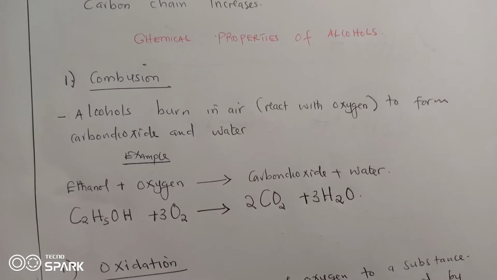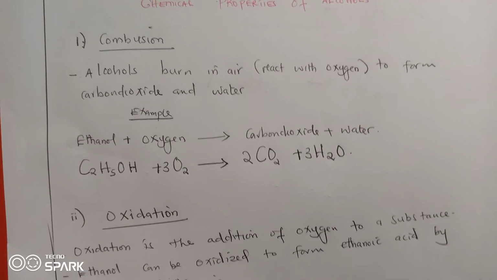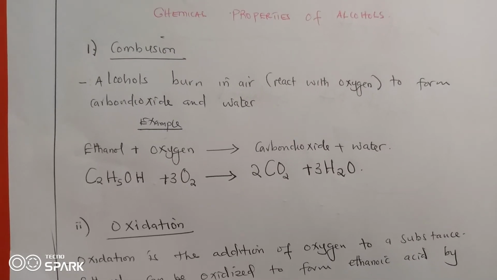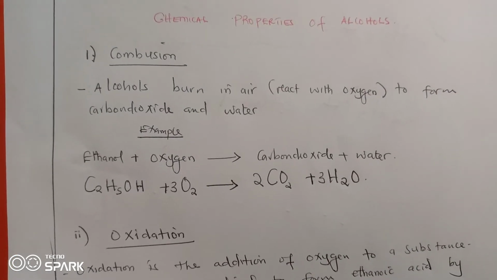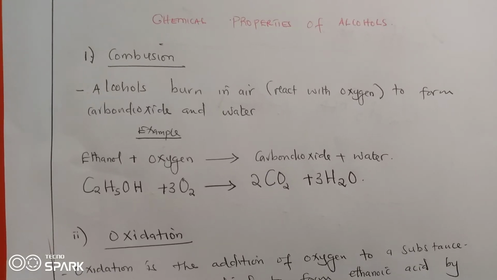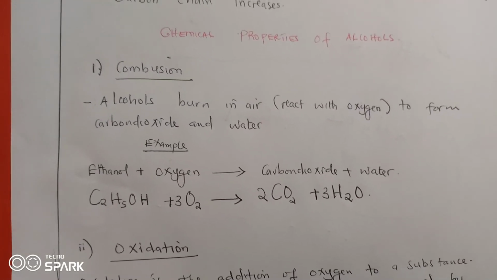Now, the understanding is on combustion and oxidation, what happens is almost the same thing, but the products differ. So when we say combustion, meaning we are burning alcohols in oxygen. And when we burn them in oxygen, meaning enough air, they give carbon dioxide and water.